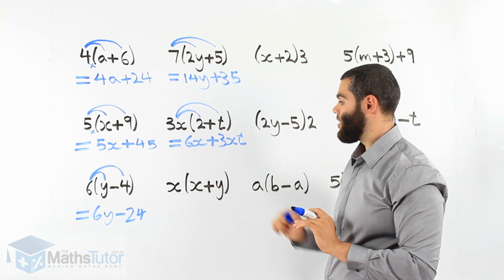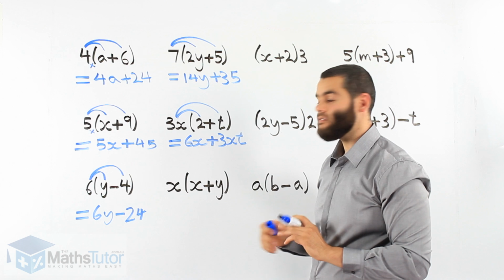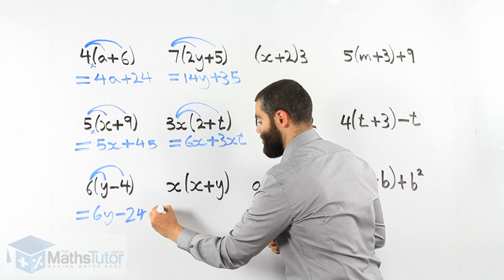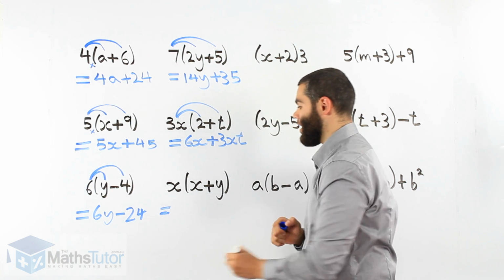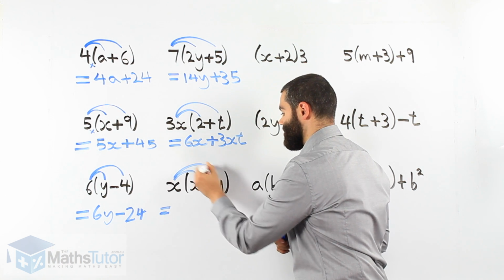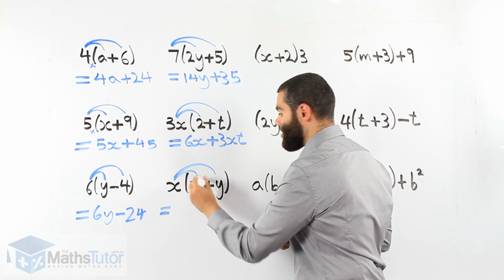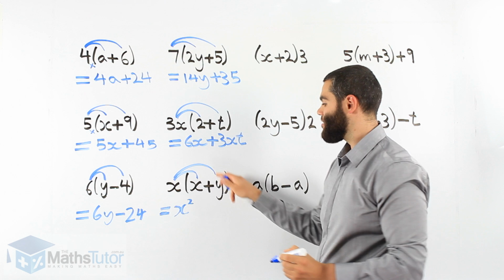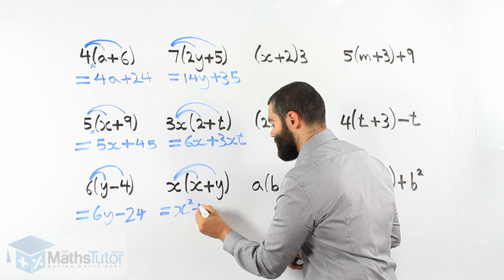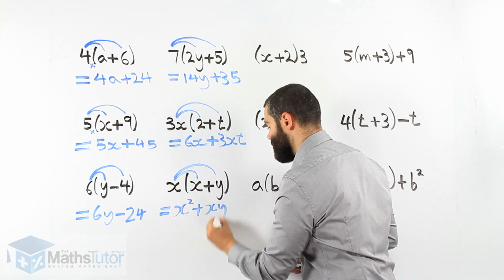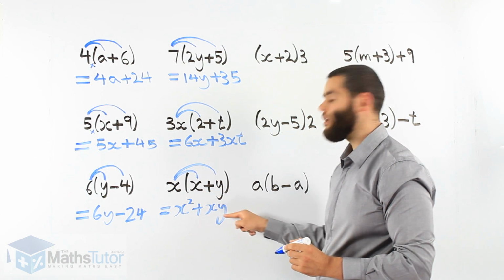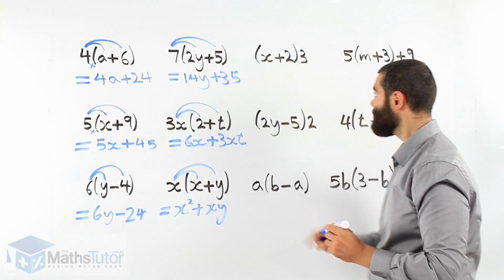Now, next one, x multiplied by everything inside. x times x and x times y. x times x we know is x squared, and x times y is xy.